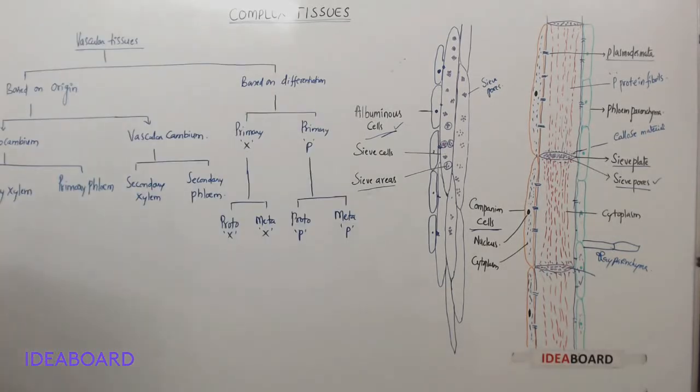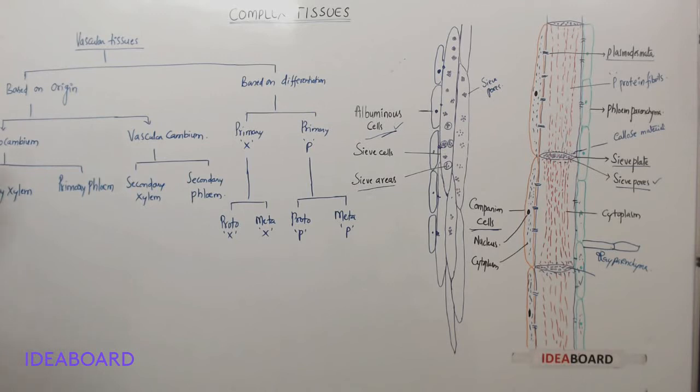So before concluding the lesson, let us see some more important aspects here, like the vascular tissues, the xylem and phloem. They are classified based on origin and based on differentiation.